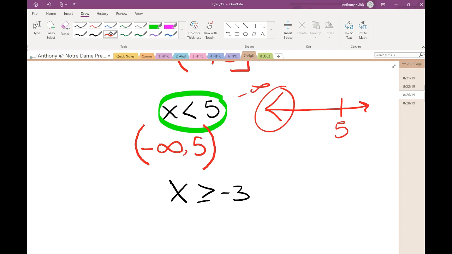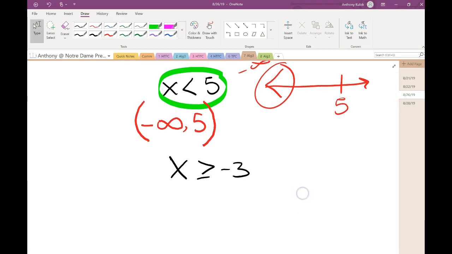In this case, the smallest number, when we're talking about x is greater than or equal to -3, is -3, but the biggest is infinity. I like to write positive infinity to differentiate them. It helps reinforce that I've put the lower and upper bounds in the correct positions.